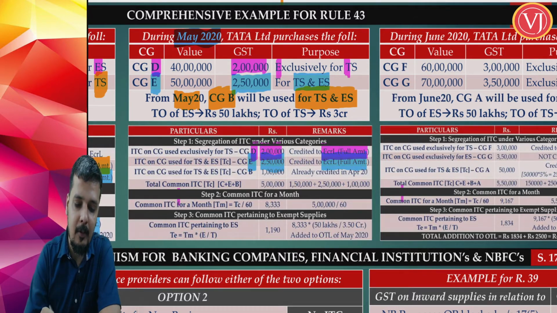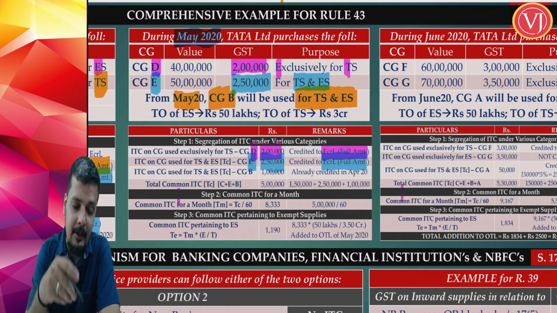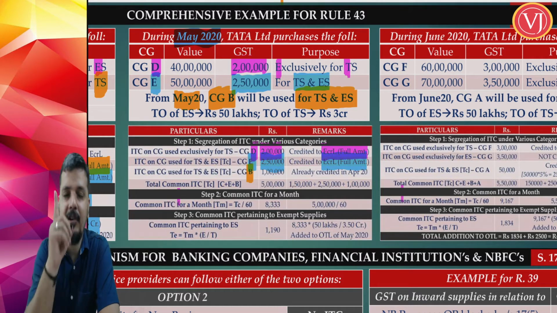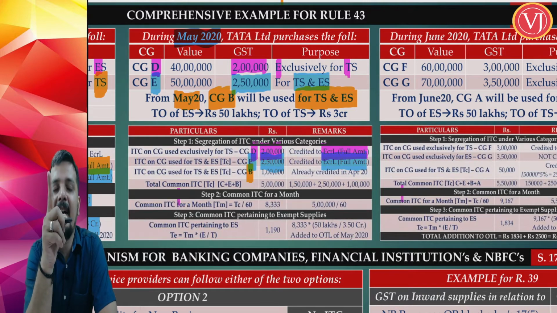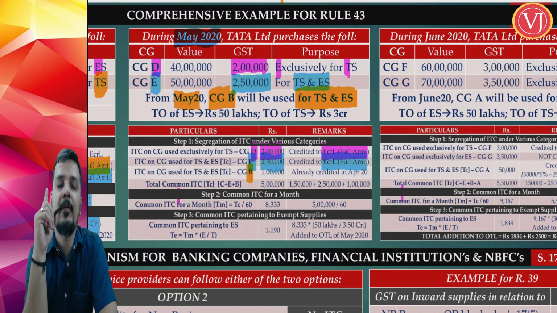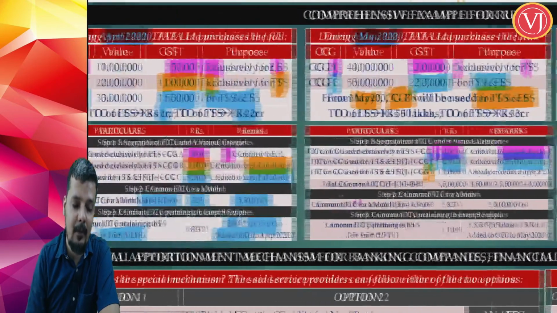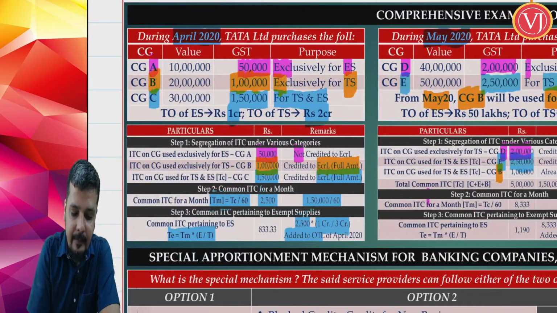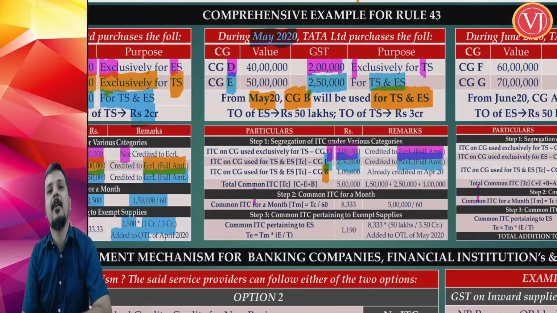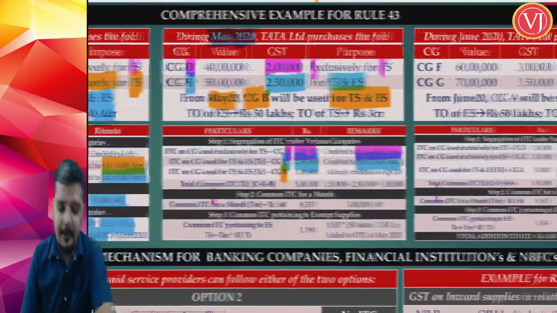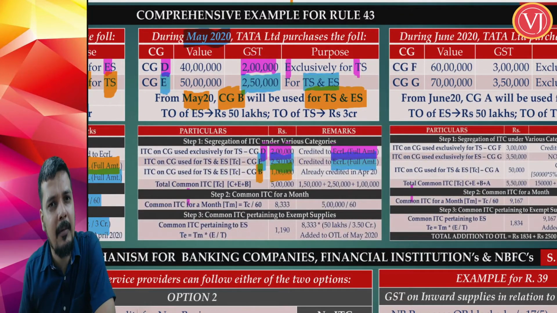Next you are talking about that conversion. What is happening special is, there is capital goods B, which was initially used only for taxable supplies. Now it is used for both taxable and exempt supplies, which means that from full category it is coming under common category, right? So 1 lakh, are you going to take credit again in the month of May?